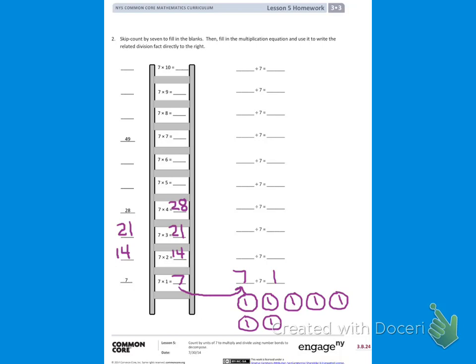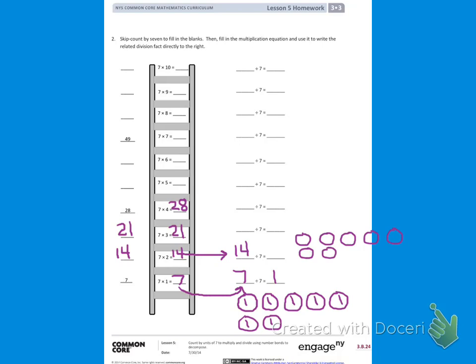Let's look at the second one. Blank divided by 7 is blank. Remember, I told you take the product or answer to the multiplication problem. Put it on the first line, 14. Now, if you had 14 items and you divided them up in 7 groups, how many items would be in each group? 1, 2, 3, 4, 5, 6, 7.